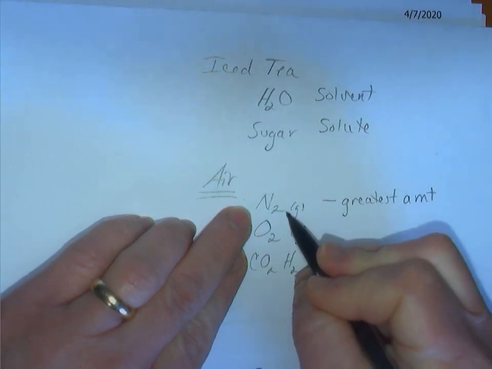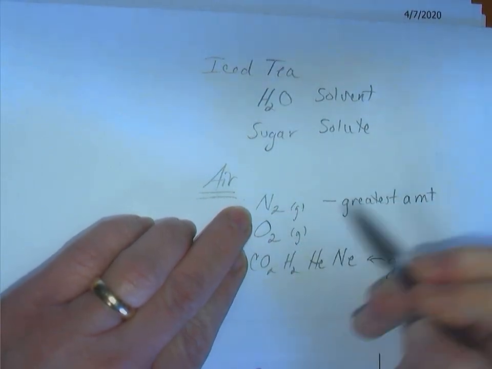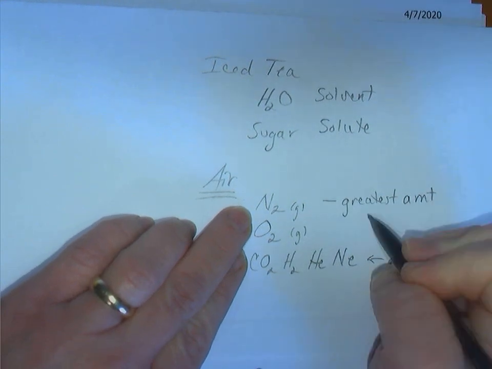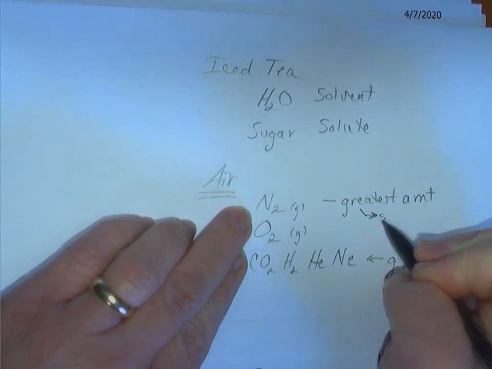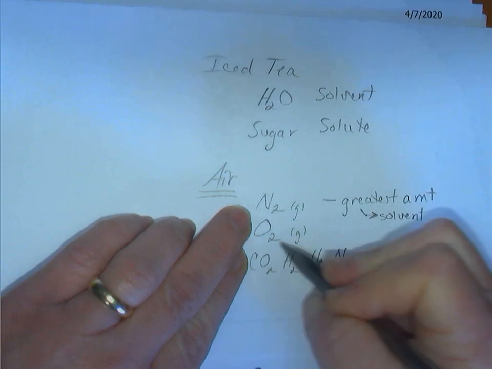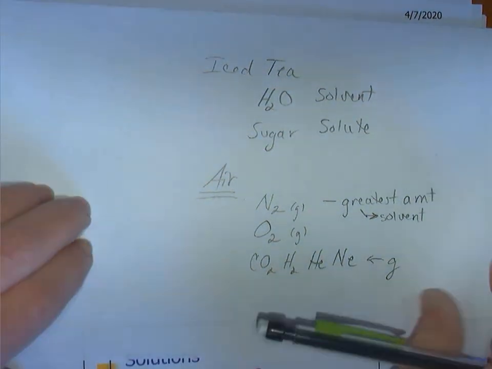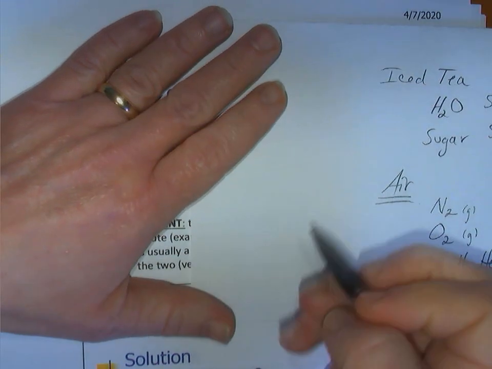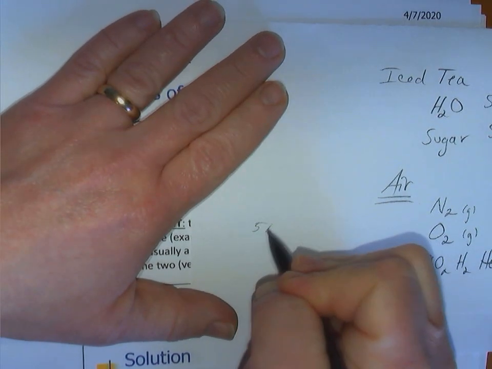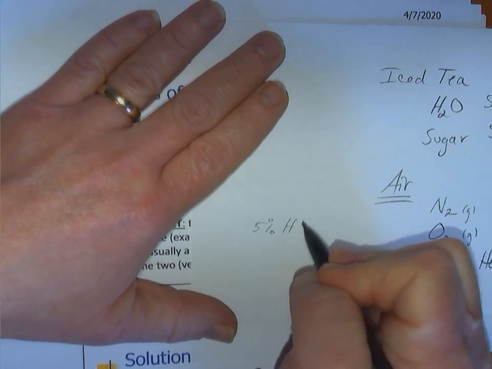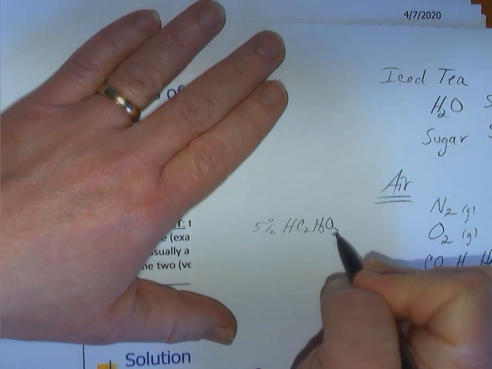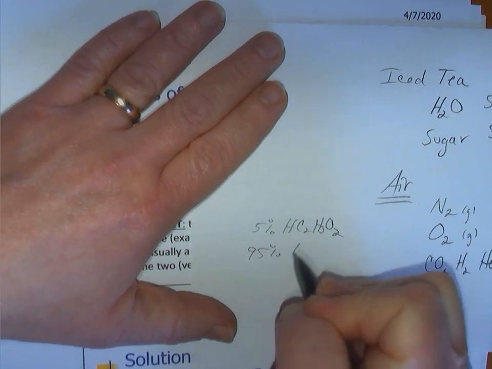So virtually 80% of air is nitrogen. So the greatest amount will be our solvent, and then whatever's in the smaller quantity will be our solute. Vinegar. Vinegar is a mixture of 5% acetic acid and 95% water.